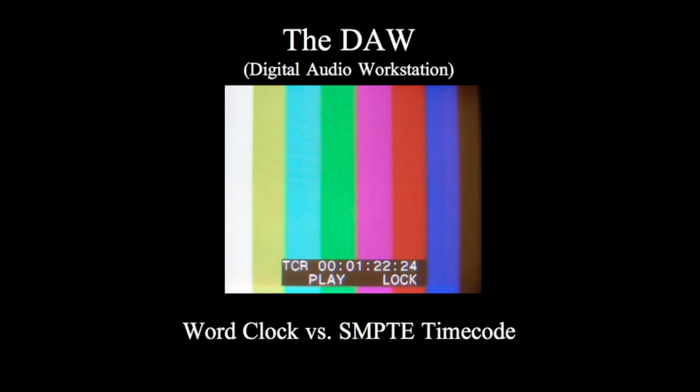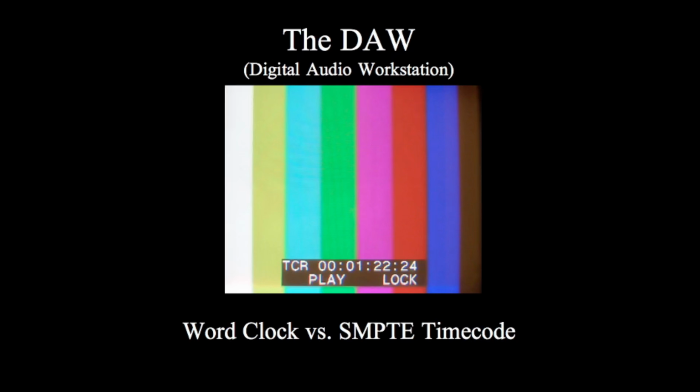In the realm of film and video, they don't use word clock, they use SMPTE timecode. SMPTE stands for the Society of Motion Picture and Television Engineers. And what SMPTE timecode is, is a way of keeping track of the frames.